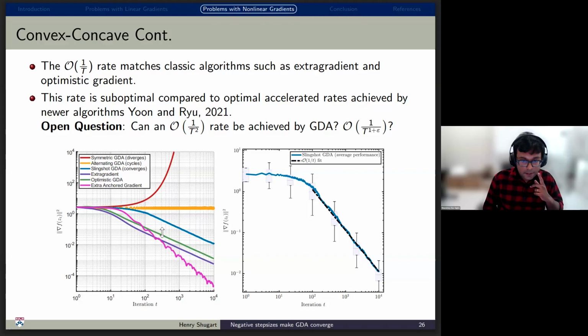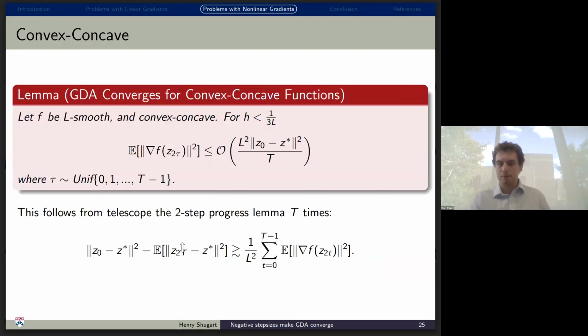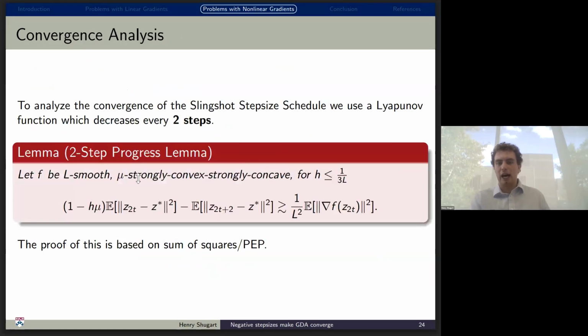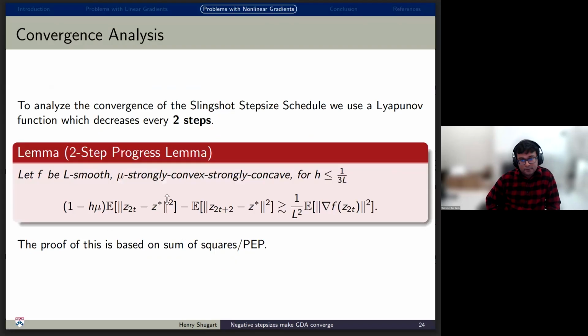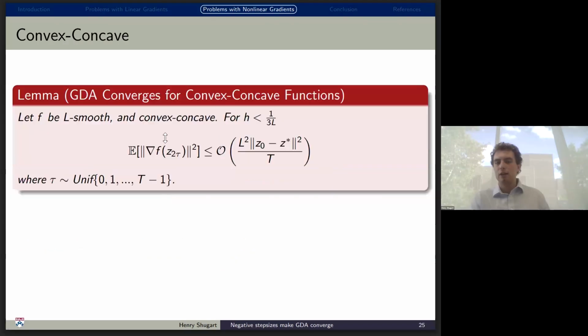Okay. Another question that I had is, in your proofs, the performance measure is distance from the solution point? Yes, exactly. Well, the performance metric for convex concave functions is in fact the gradient norm squared.